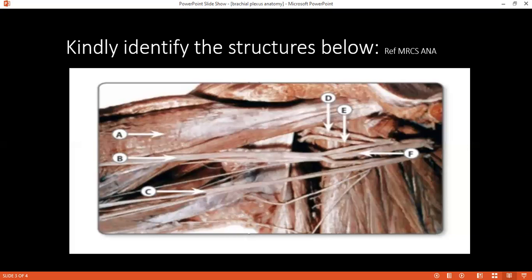How does this patient present with Klumpke's paralysis? There is claw hand. The C8 and T1 form the ulnar nerve, so there will be paralysis of the ulnar nerve and paralysis of the intrinsic muscles of the hand.